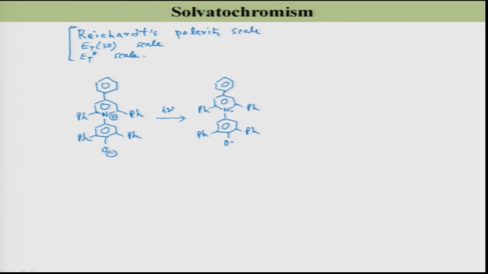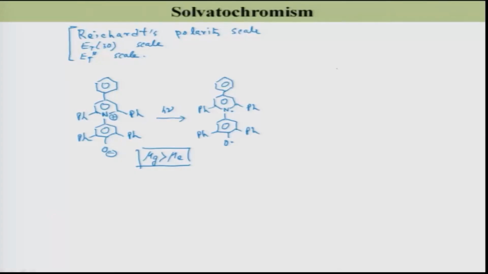So, in this particular case, it is the case of mu g is greater than mu e. So, if I dissolve this molecule in different solvents, what do I expect? I expect that as the polarity increases, there will be a blue shift in the absorption maxima. So, let us see what these values are.